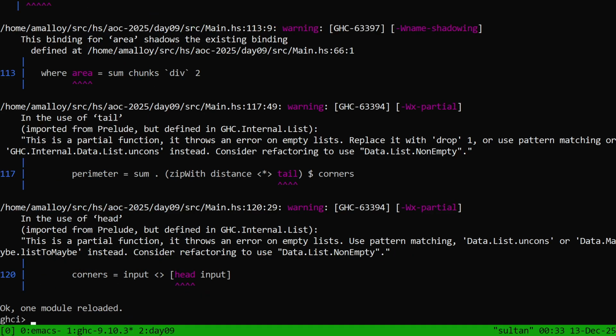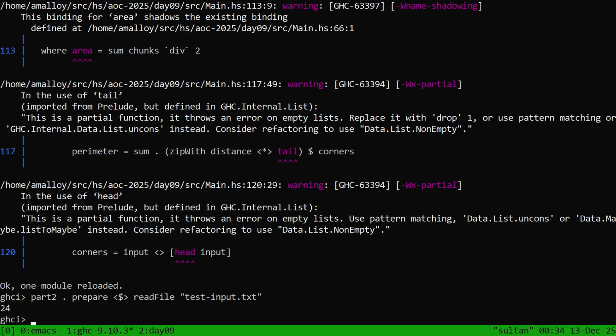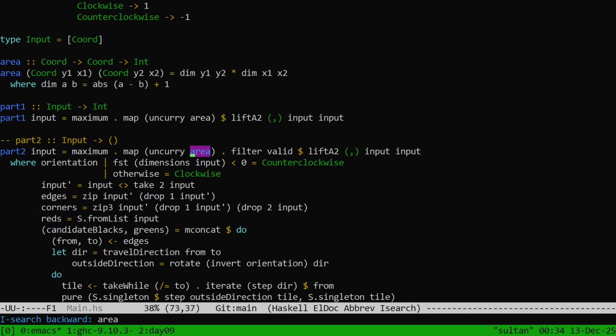Let's make sure this still works for the input, I guess. Yeah, it's still 24. Well, let's fix some compiler warnings while we're here.